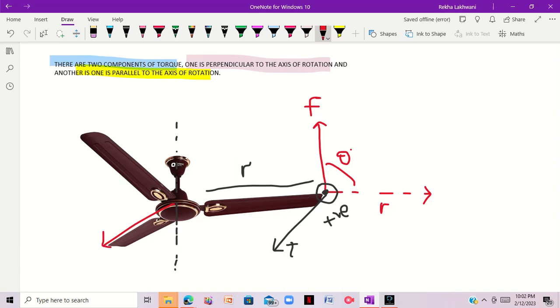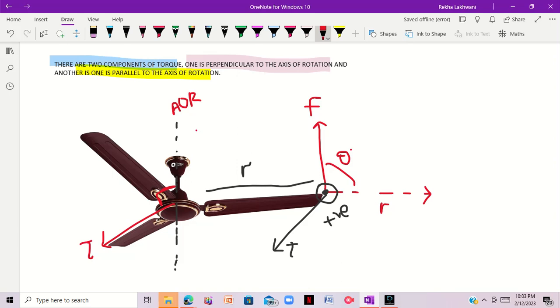So this is perpendicular to the axis of rotation. The axis of rotation and this torque vector, which is outward, are perpendicular to each other.